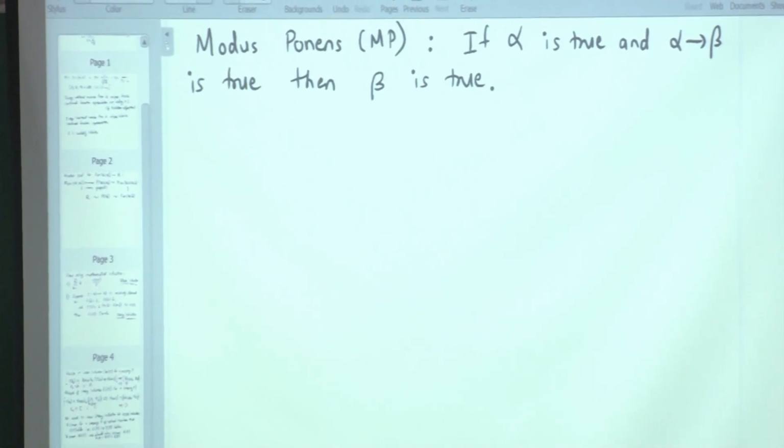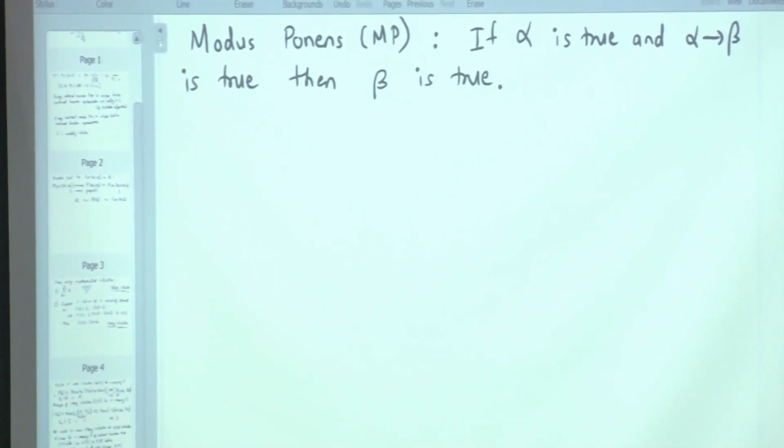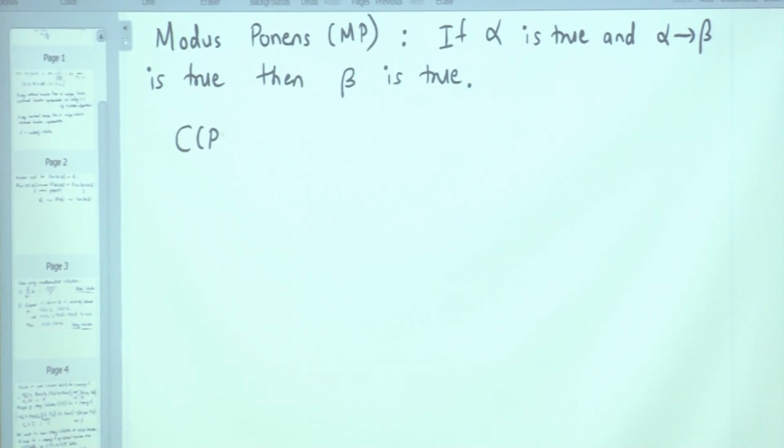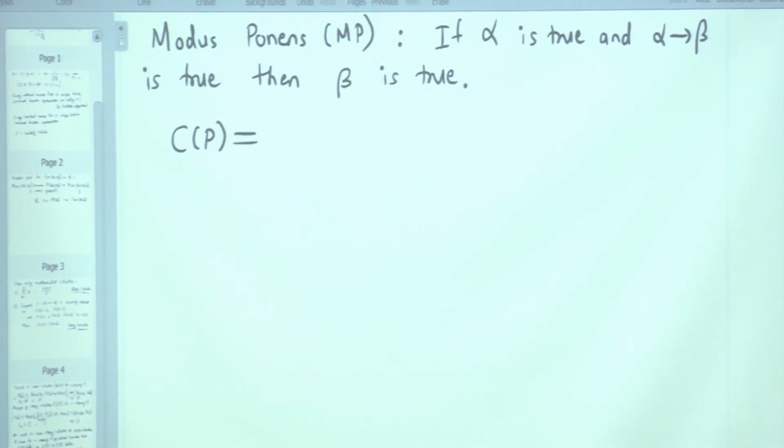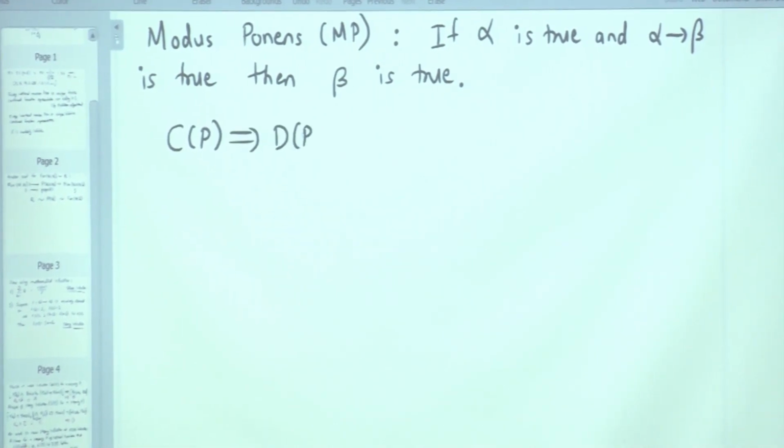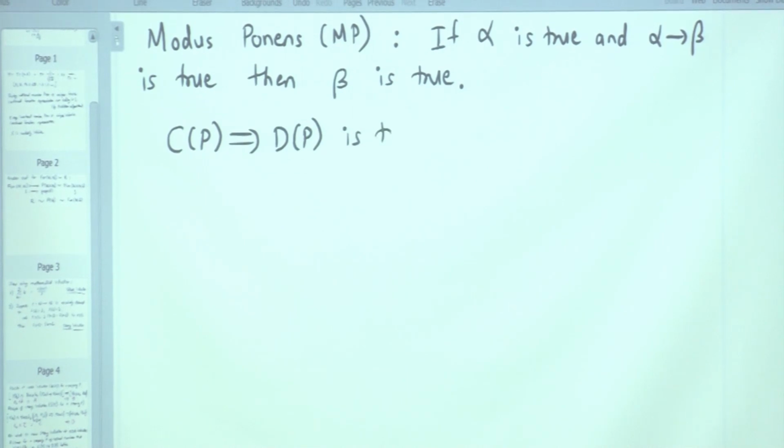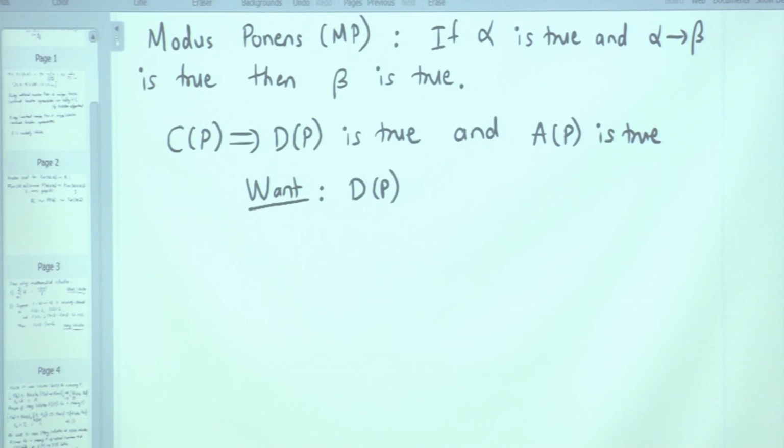Okay, so what is our situation right now? We know that C of P implies D of P is true, and A of P is true, and we want to prove that D of P is true. So using modus ponens, what is sufficient to prove?